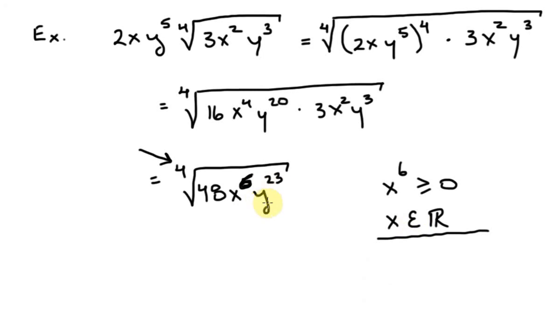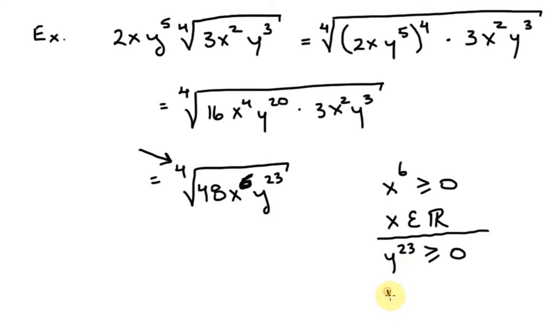But y isn't quite so simple. We got to make sure y to the 23 always stays greater than or equal to 0. We can't let it turn negative because we're trying to take the fourth root then of a negative number. If y was to be a negative number and we raise it to the 23, it would still be negative, and so it would fail.